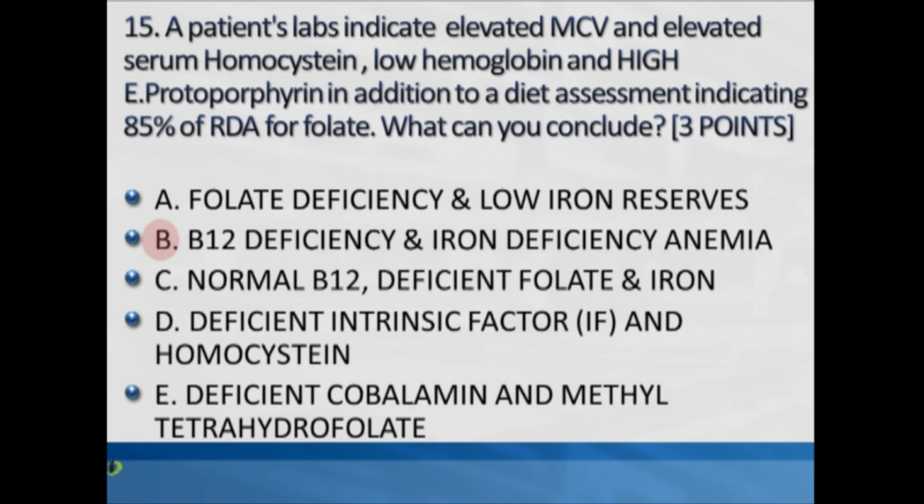So let's examine the reasoning. Well, first, we can say that the elevated MCV and the elevated serum homocysteine would suggest the possibility of a folate deficiency and maybe a B12 deficiency. The diet assessment indicating that the patient's consuming 85% of their RDA for folate would suggest that the folate intake overall is likely okay.